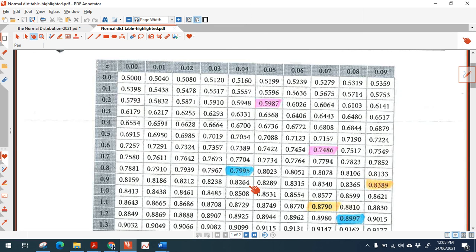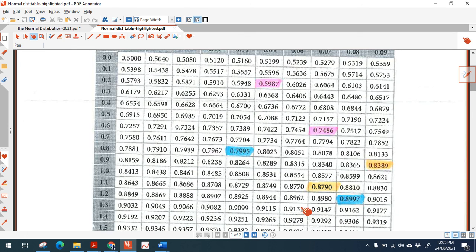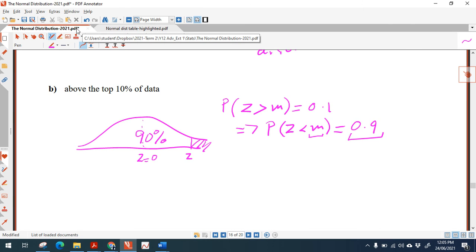So let's have a look. All right, here we go. So we've got 1.28. That's very close, isn't it? Very, very close. So 0.8997 is very close to 0.9, which is what we wanted. So 1.28 is our z-score that we're after.